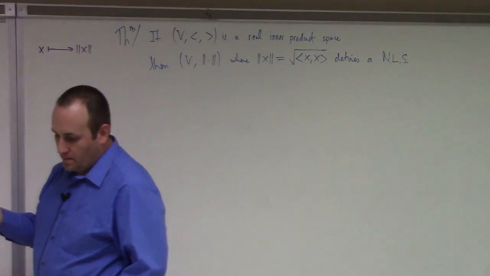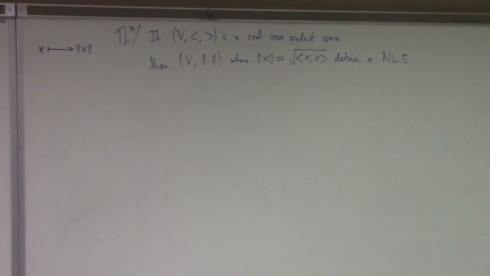In other words, if you give me a real inner product space, I can automatically construct a normed linear space. I can induce a norm from the inner product. This is the induced norm.